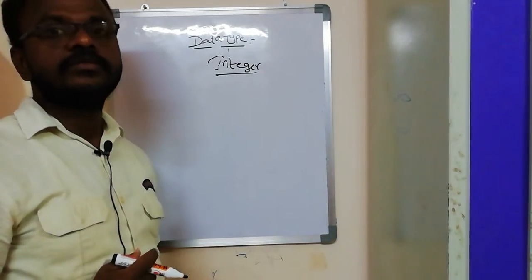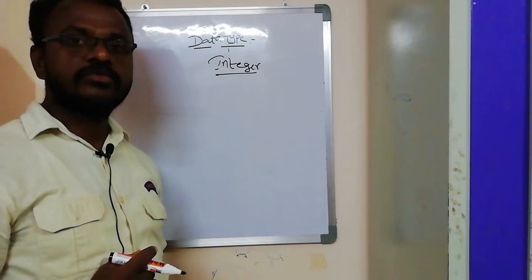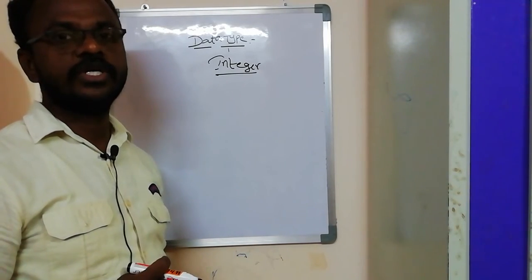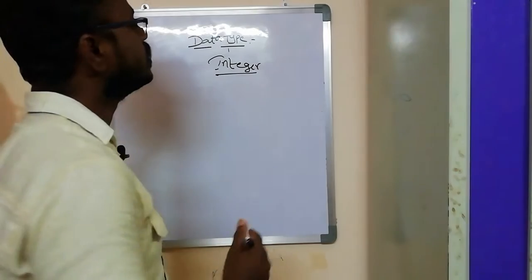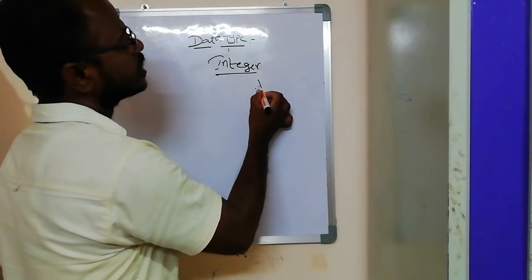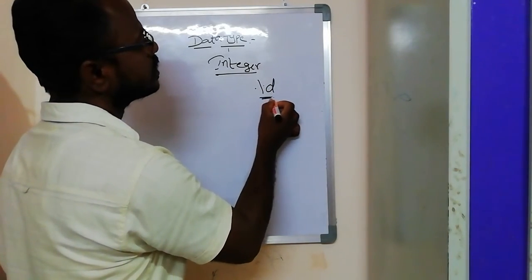We can print an integer value using the int keyword in C language. The format specifier used to print an int value is %d.